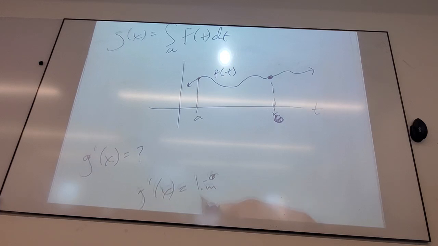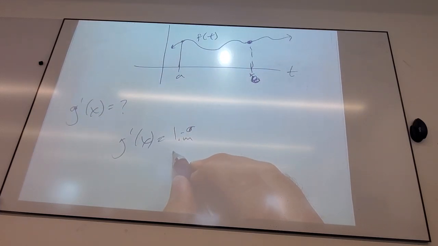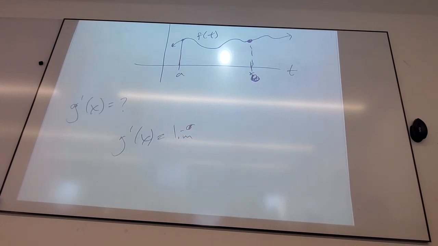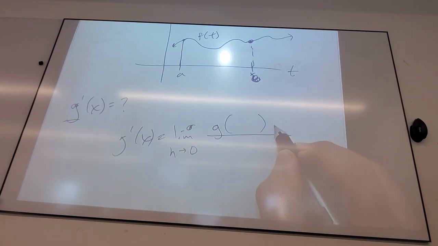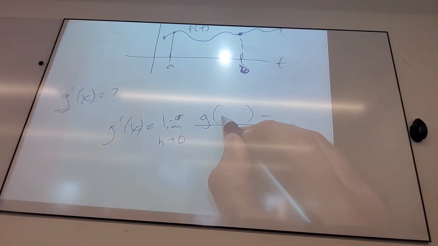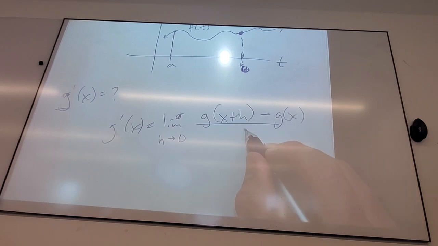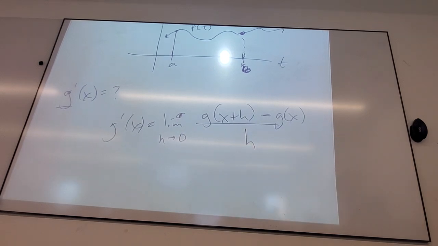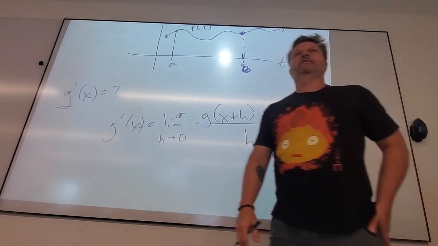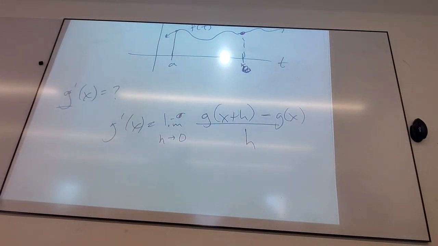The limit as h goes to 0 of g of x plus h minus g of x, all over h. That was nothing like pulling teeth. There was no similarity between them.